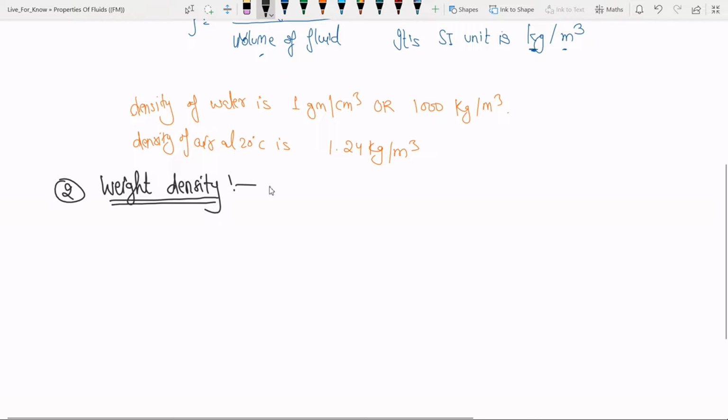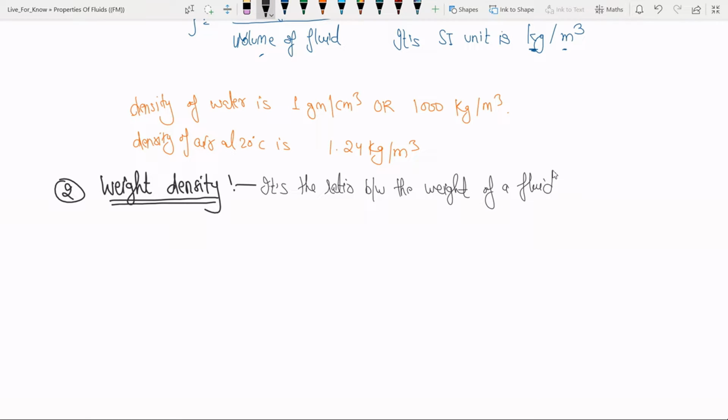So we can define it as the ratio between the weight of a fluid to its volume.